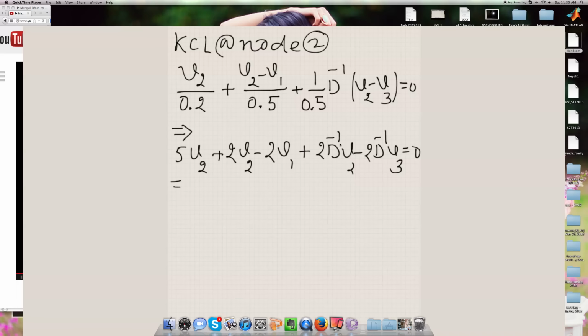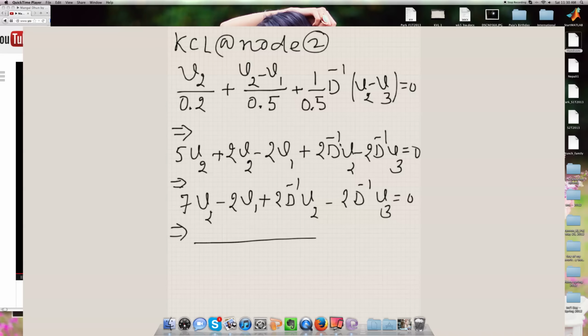So that gives us 7 V sub 2 minus 2 V1 plus (2D minus 1) V sub 2 minus (2D minus 1) V sub 3 equals 0. So this is going to give us another box, which is right here.